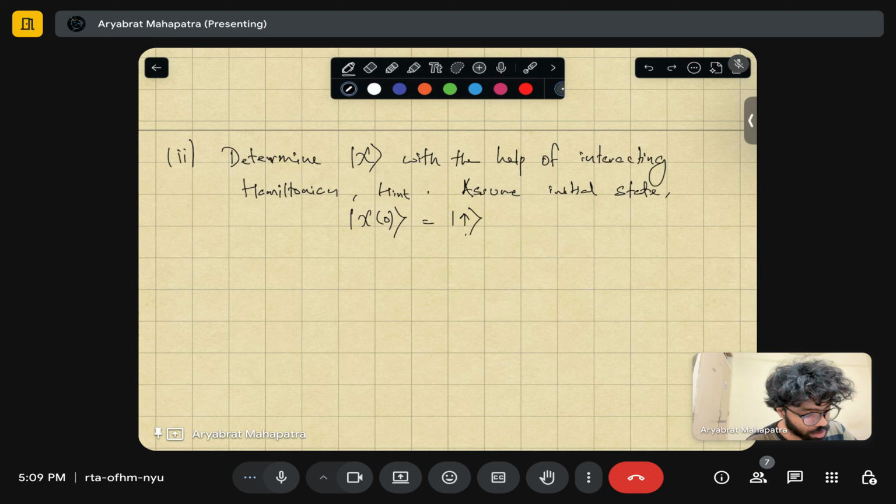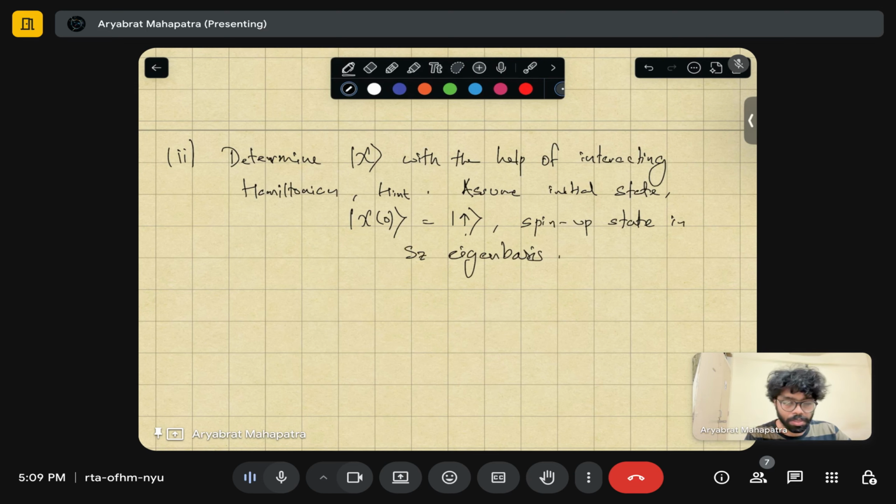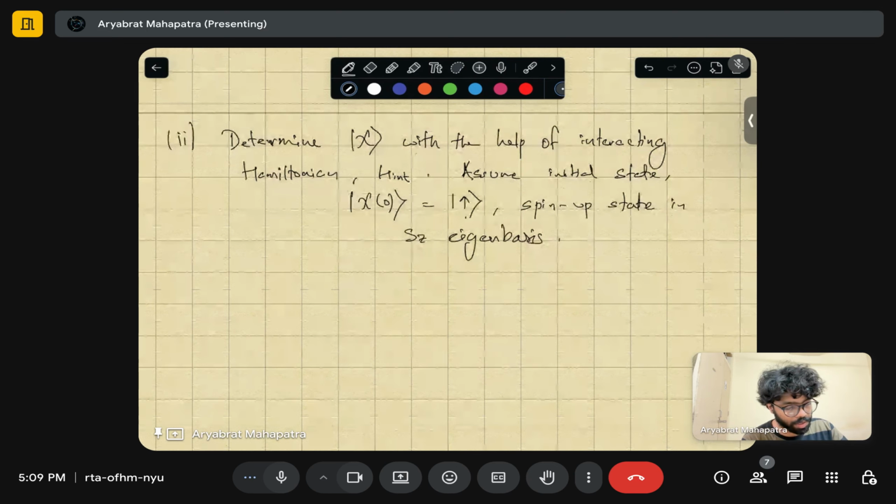I can write it as spin up state in S_Z eigenbasis. This is the normal spin up, spin down, which we have discussed a lot of times before.